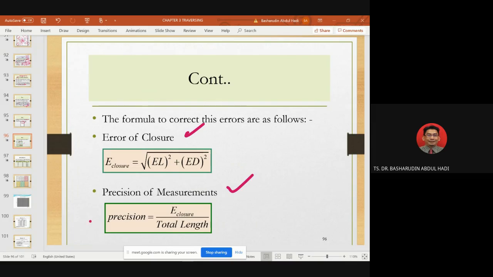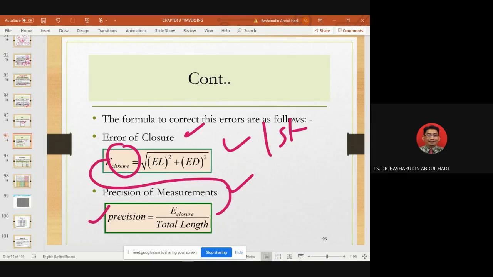So precision is equal to E closure divided by the total length of the traversing. That's why you must calculate E closure first. After that, you can calculate the precision. First calculate the error.